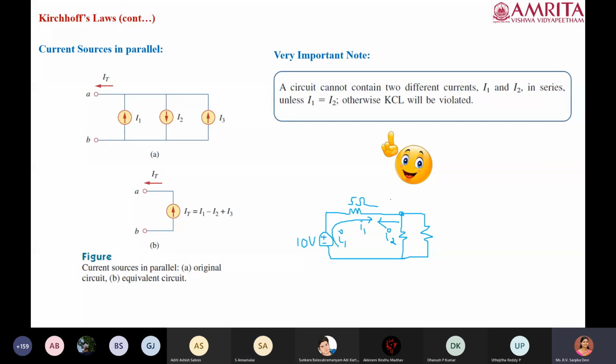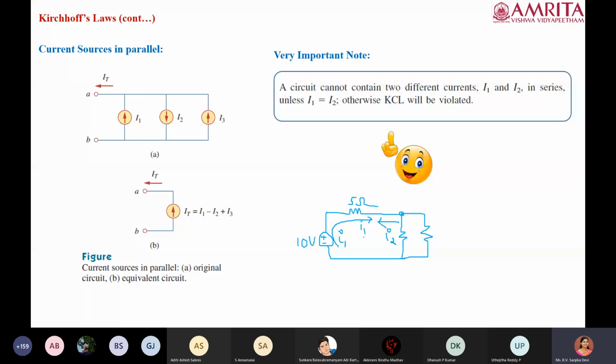So the basic thing is that when elements are in series, they have the same current flowing through. Initially we may not know the direction of the current, for example if there is more than one source, we do not know which source is dominating and which is supplying the current. So normally we give a random direction for the current and compute the value. If the computed value of the current is positive, the assumed direction is correct.